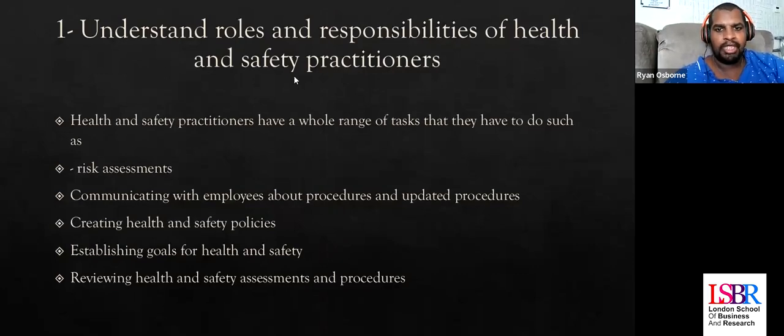So if we move swiftly forward, first off, number one, we're going to look at the roles and responsibilities of health and safety practitioners. Health and safety practitioners have a whole range of tasks that they have to do.